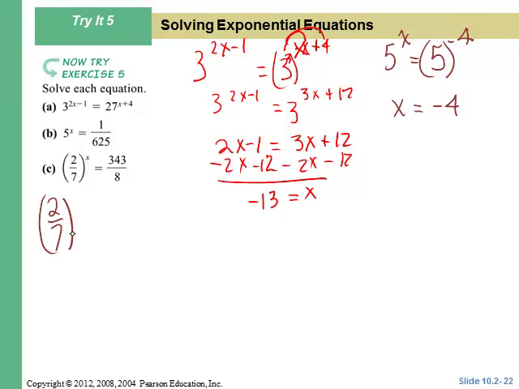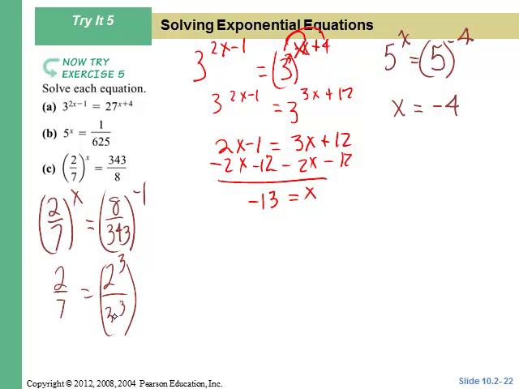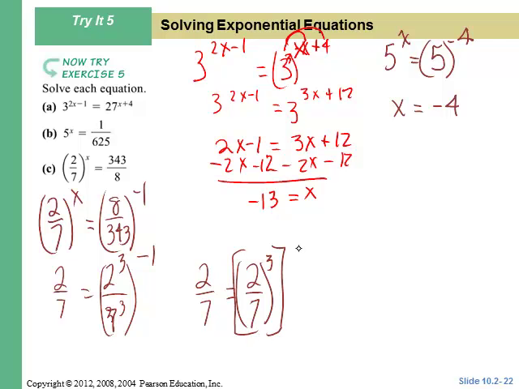2/7 to the x equals 8 over 343 to the negative 1. 2/7 equals 2 to the third over 7 to the third, excuse me, to the negative 1, which is 2/7 equals 2/7 to the third to the negative 1.